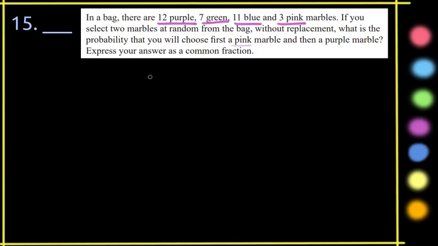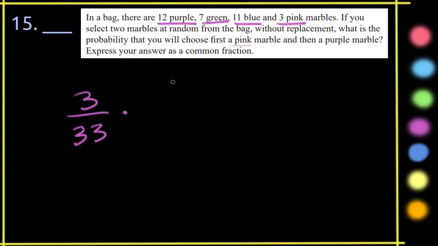Well, there's only 3 pink ones, so you've got a 3 out of 33 chance, or in other words, 1 out of 11 chance of getting that pink marble. And then you're going to next draw a second marble, and you want that one to be purple. And you can multiply the 2 probabilities together to get the probability that they will both happen.